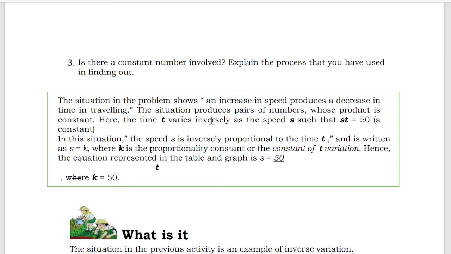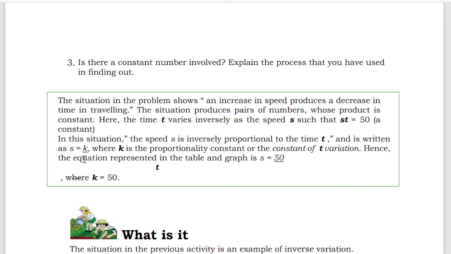The situation produces a pair of numbers whose product is constant. Here, the time t varies inversely as the speed s such that st is equal to 50, which is the constant. In this situation, the speed s is inversely proportional to the time. So it is written as s equals k over t.